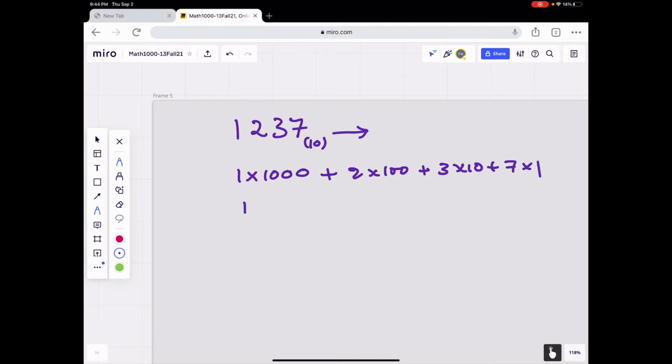Okay, or you can do it based on the power of base 10, so you write out 1,000 like that, or 200, you can go like that, and so on and so far, okay?